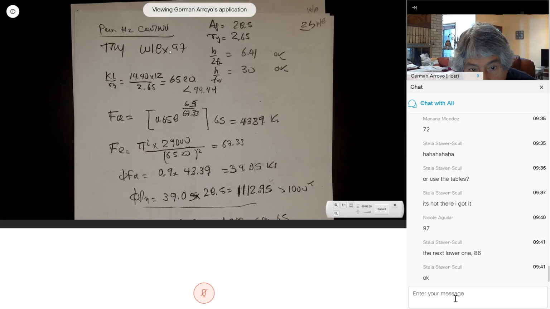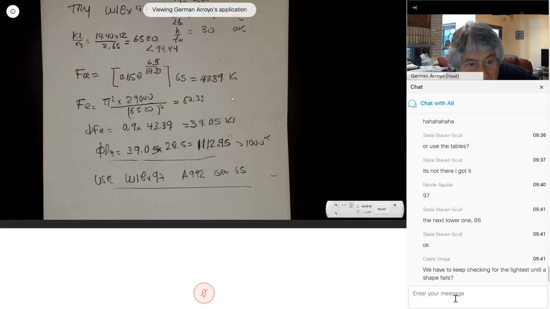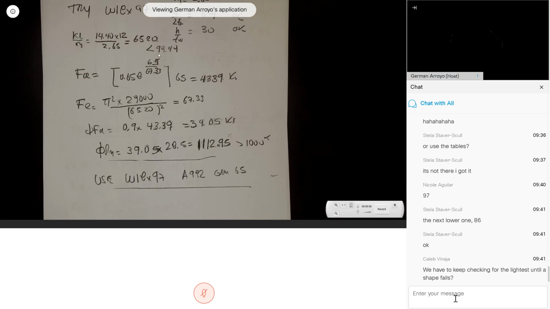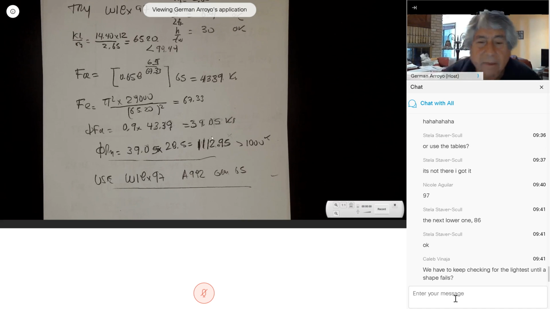Gross area, RY, B over 2 times the thickness of the flange, H over TW, the same that we always do. KL over RY, 65.20. So the same equation controls, inelastic buckling. The same equation with 65, and this is the Euler formula, it gave me a critical stress 39.05 times this, 1112.95. This one works.